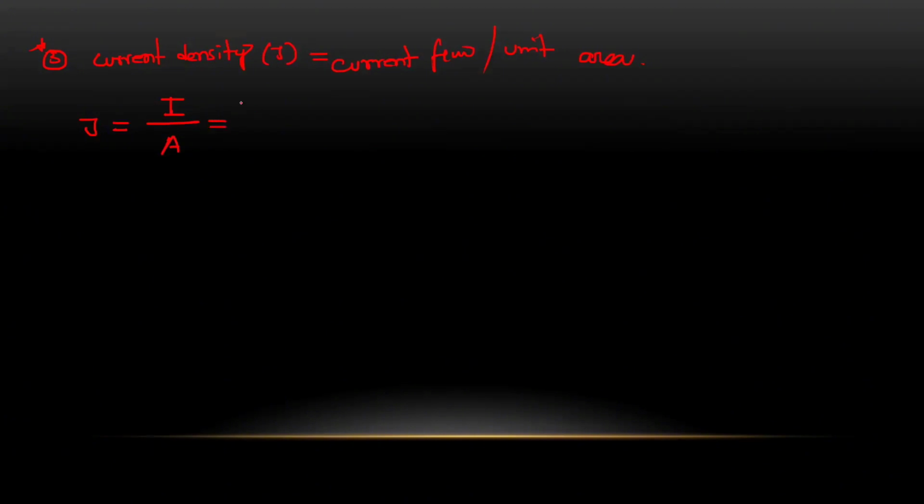I, from Ohm's law we know, V equal to IR, isn't it? So I can be replaced by V by R. So J equals V by RA, right?